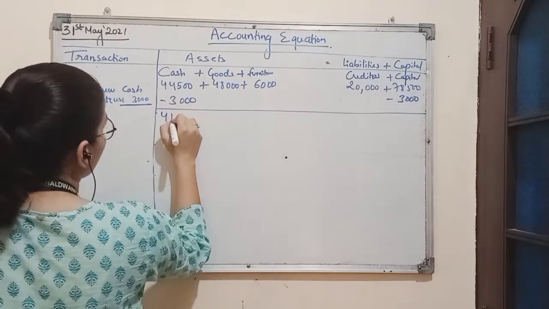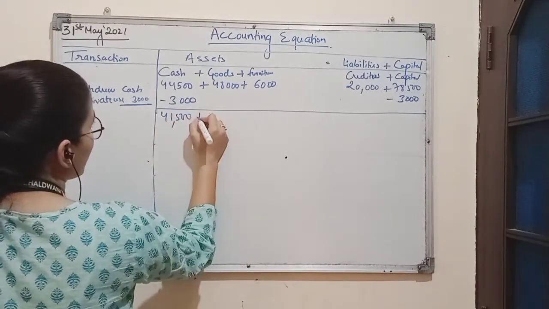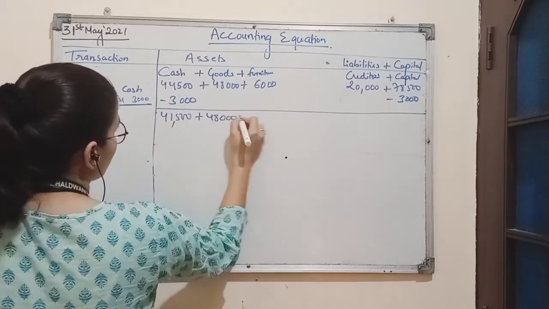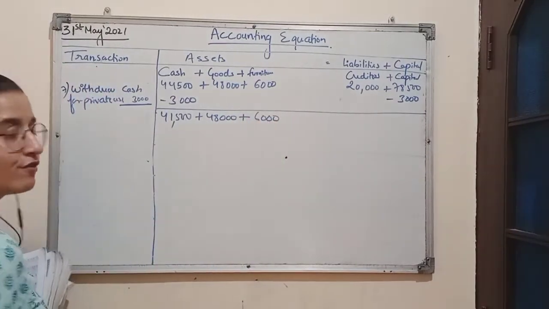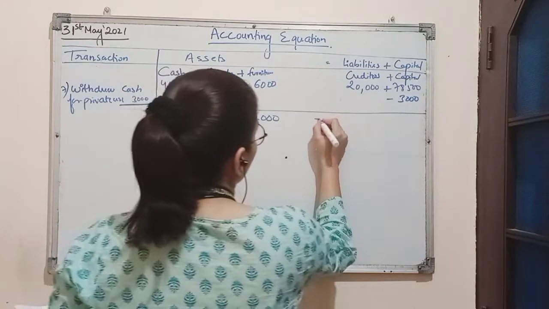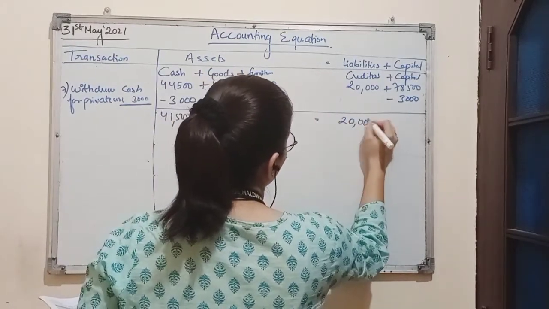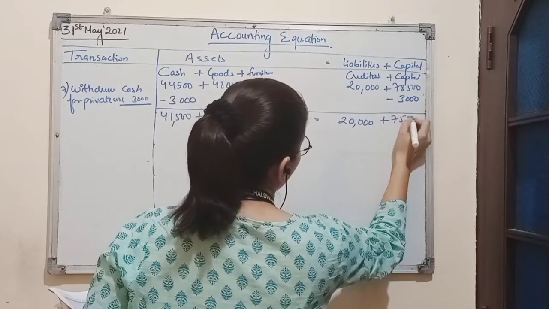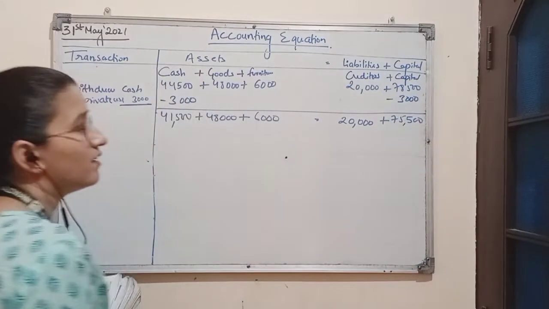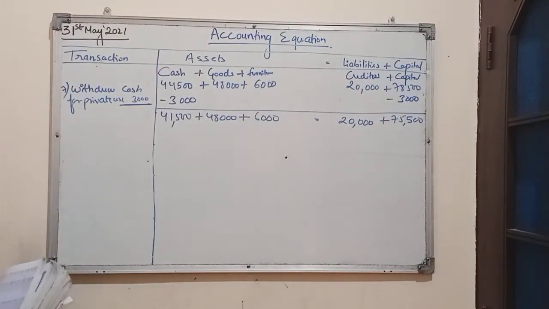Result is 41,500 of cash, 48,000 balance of goods and 6,000 balance of furniture. Now 20,000 we have creditors and 75,500 as balance of capital.